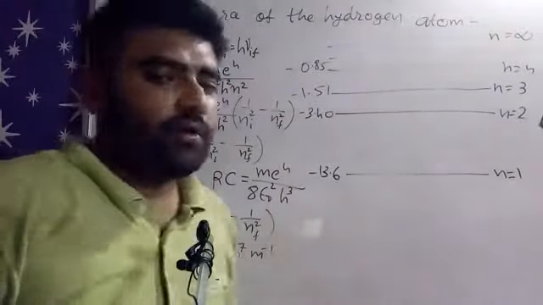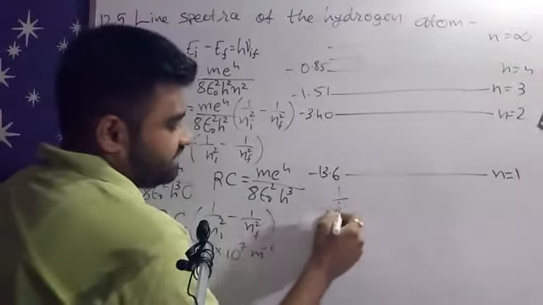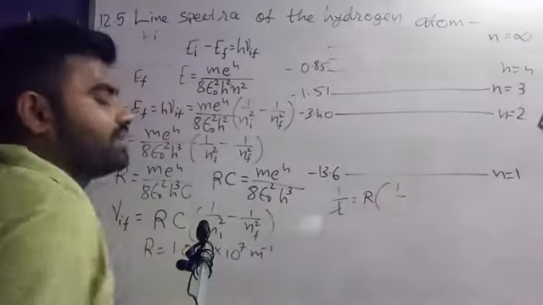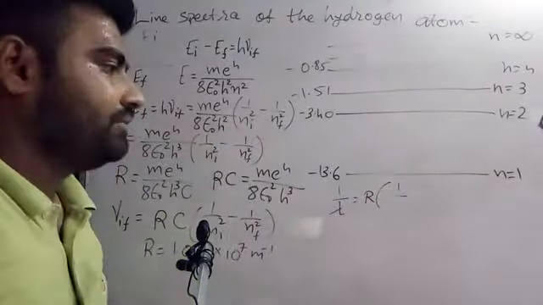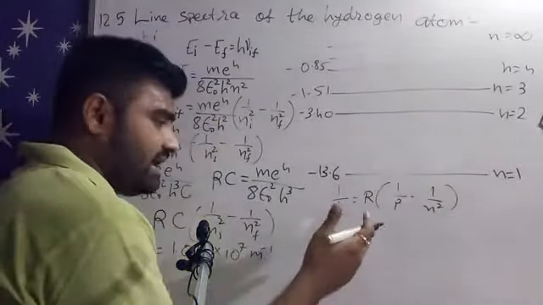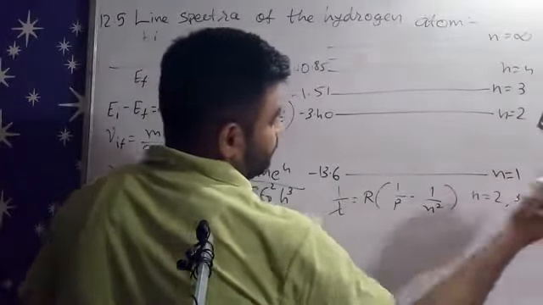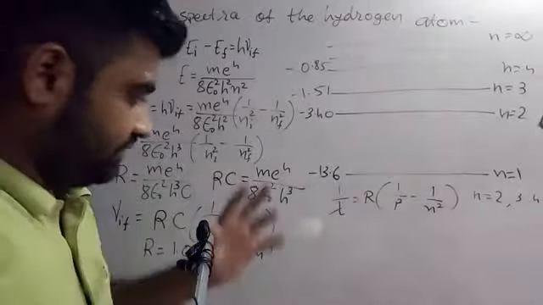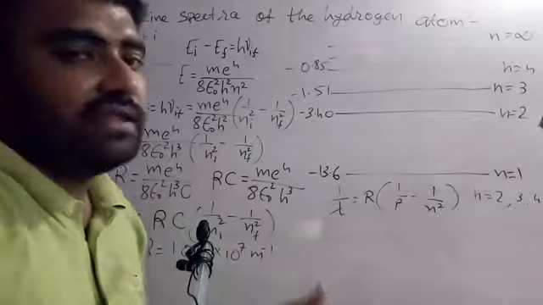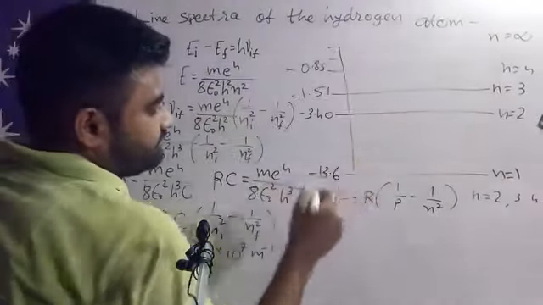Earlier we discussed different types of series. First of all, the Lyman series: 1 upon lambda is equal to R into 1 upon 1 square minus 1 upon n square, where n starts after 1, so 2, 3, 4 and so on. If we derive the Lyman series in the form of energy levels, it goes from infinity to 1.